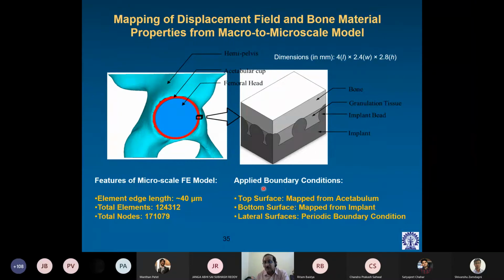For this microscale model, the applied boundary conditions were mapped from the acetabular side: the top surface is the bone surface, mapped from the acetabulum, that is where the bone is. The bottom surface is the implant, so that is mapped from the implant. And the lateral surfaces have periodic boundary conditions, the same for the two lateral surfaces.